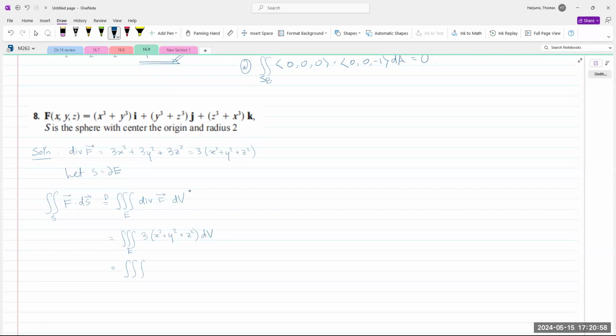So that will be the integral from 0 to 2 pi for the d theta, the integral from 0 to pi for the d phi, 0 to 2 for the d rho, and then 3 rho squared, that's for this guy here, times rho squared sine phi.